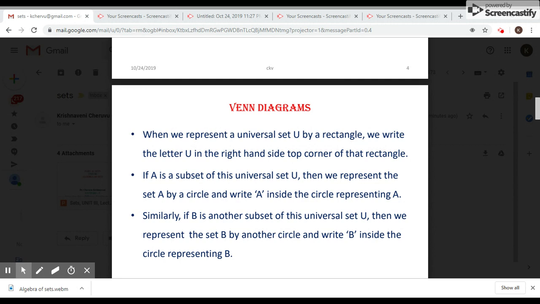This is how you denote a Venn diagram or represent the relations between sets using Venn diagrams.